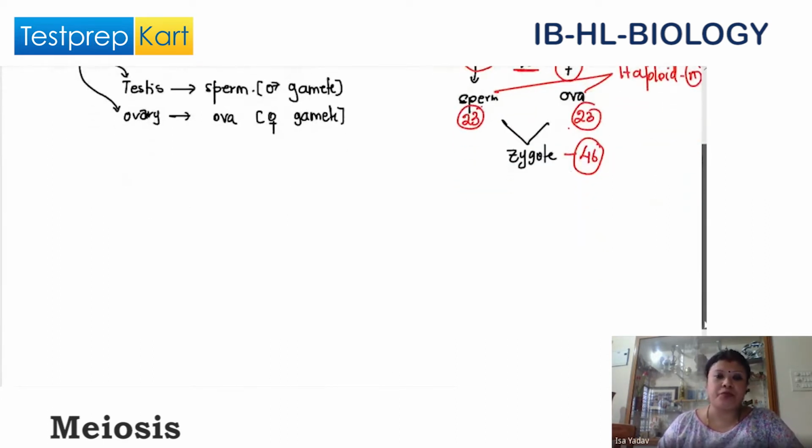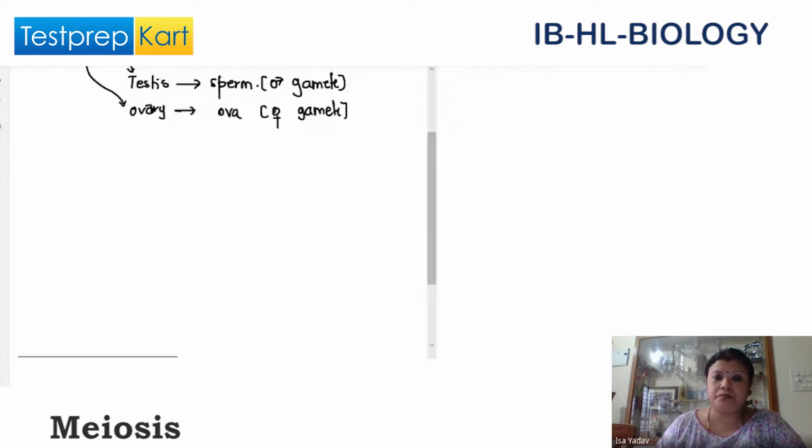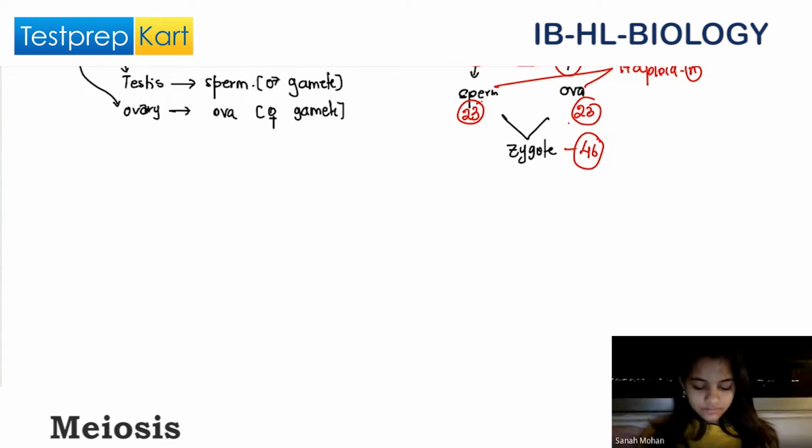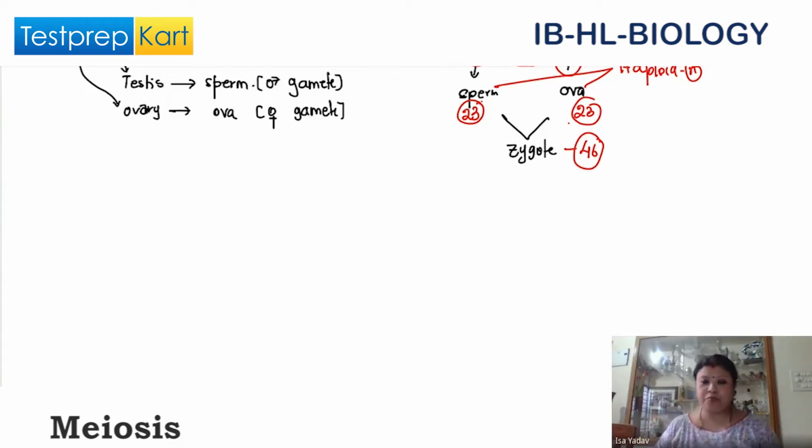Next, let us see. Meiosis only occurs in the gonads. Meiosis doesn't occur in any other part of the body. Whatever cells are there in other parts of the body will undergo mitosis.